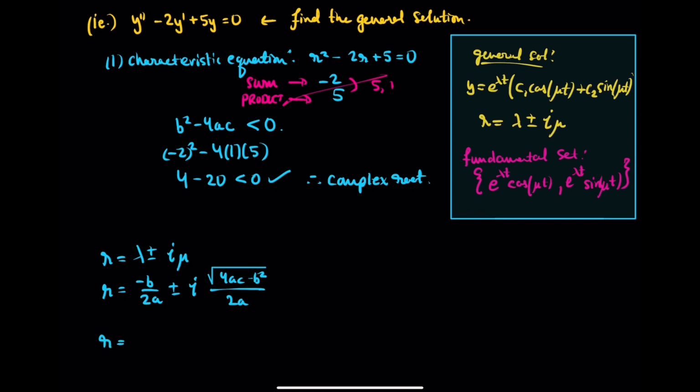So minus b is 2, and that's 2 over 2, because a is just 1, plus minus i square root of 4ac minus b squared. So 4ac was 20, like we said here. So 20 minus 4, and then 2a, which is just 2.